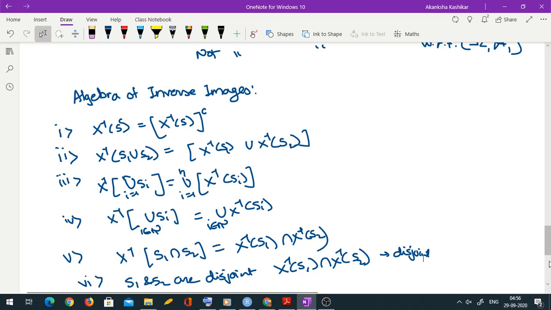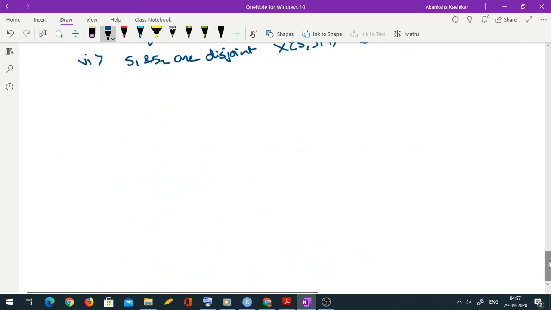And one more property is, if S1 is a subset of S2, then X inverse of S1 is a subset of X inverse of S2.